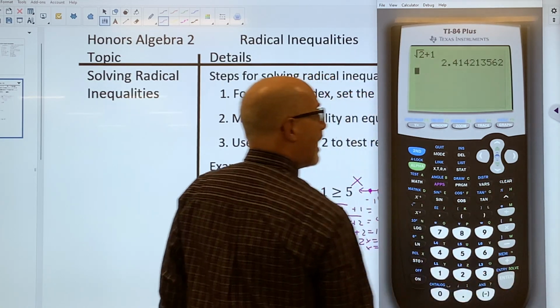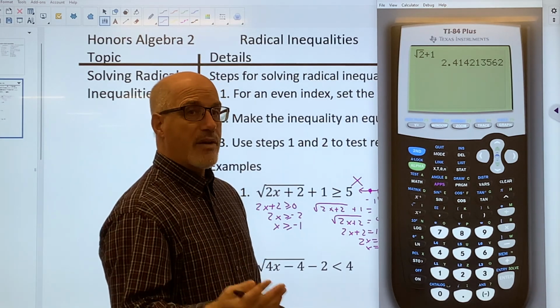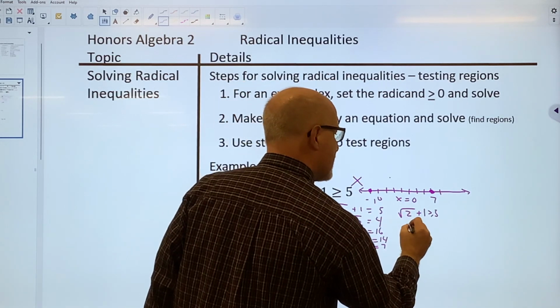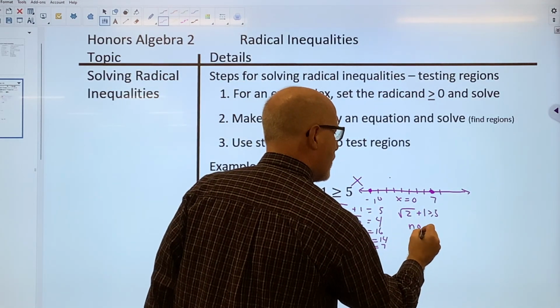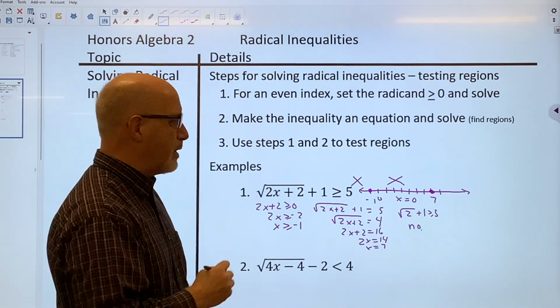Does this compare to 5? Notice it's not greater than or equal to 5, it's less than it. So this is a false statement, so this would be a no. So this region does not get included between the two numbers.